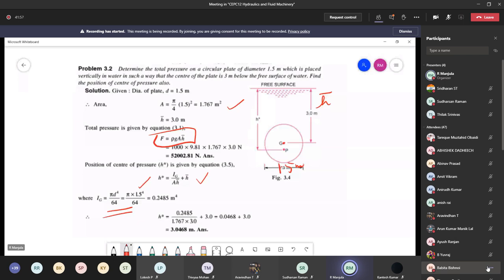A is also already found out. Now this is going to be the H star, which is 3.04 meter below the free surface. Okay, and your pressure force is 52 kilonewton.